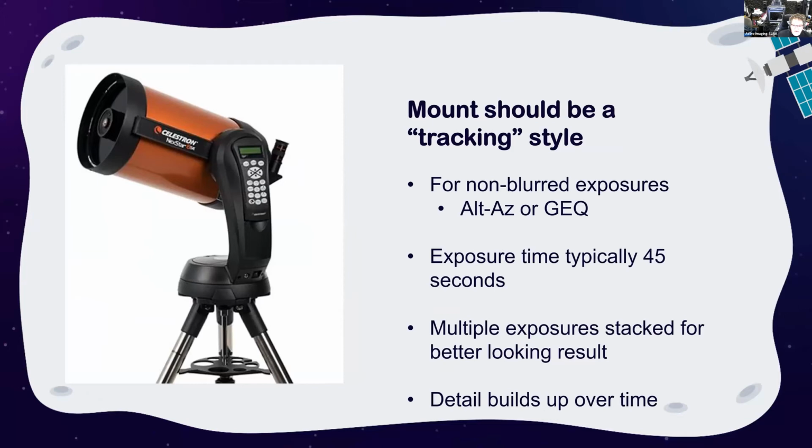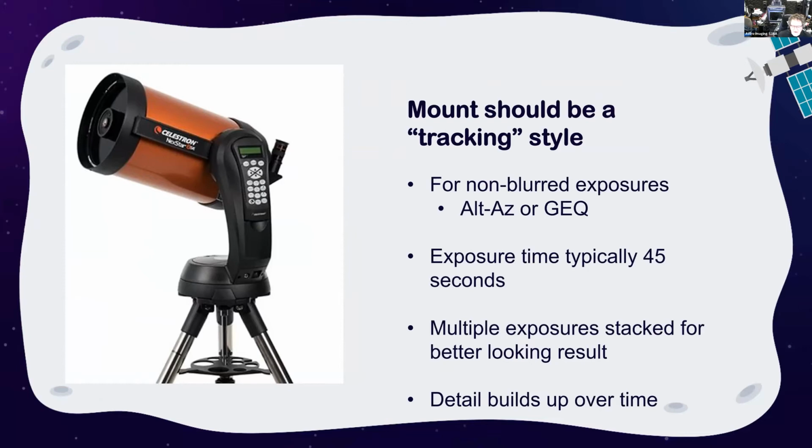This should be some kind of a tracking mount, right? Because we are going to... I'm sort of assuming, I guess, that this won't go well with a Dob or something that's not going to track. Although the live stacking is doing a certain amount of star registration.